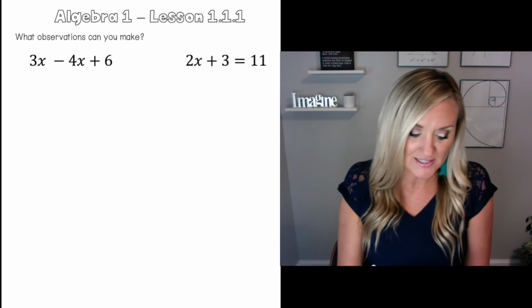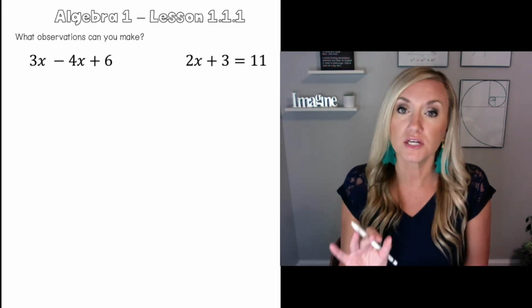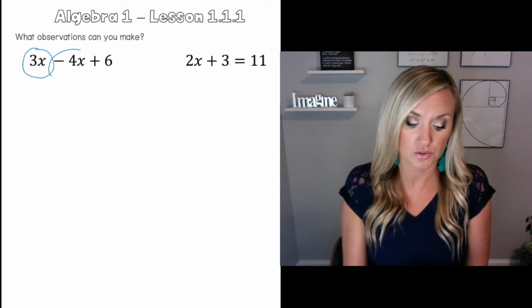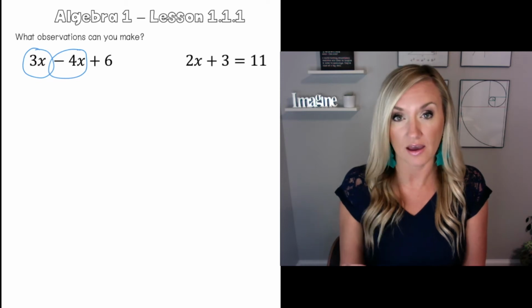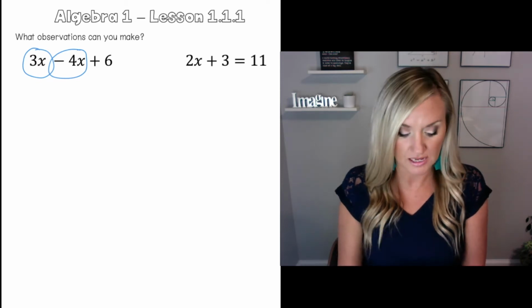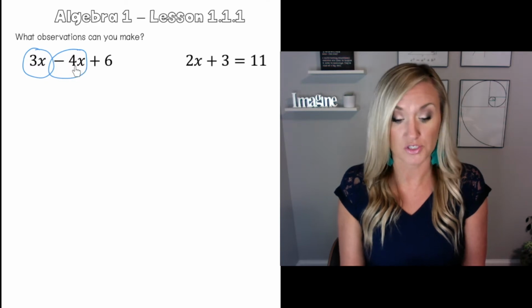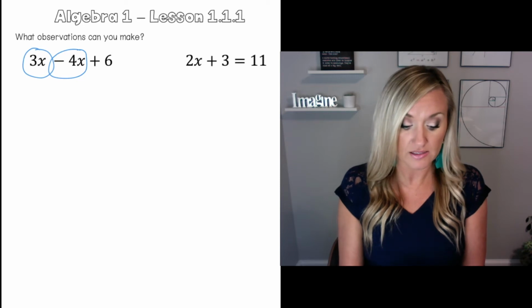There's no equation. So let's go ahead, and with the first expression, we're going to notice like terms. These two terms are like because they both have the x. And I can combine them together. I can say that 3 minus 4, subtract 4, right, is a negative 1. And the x stays the same.